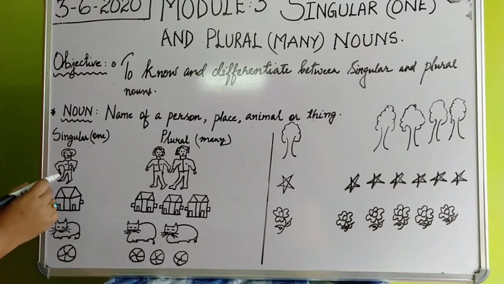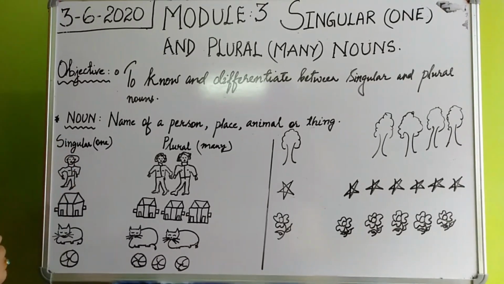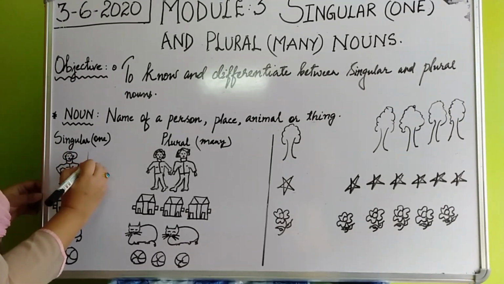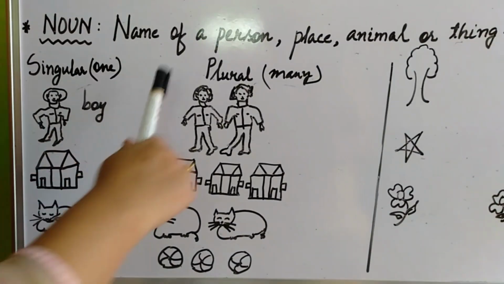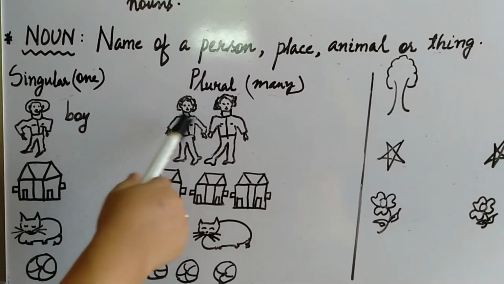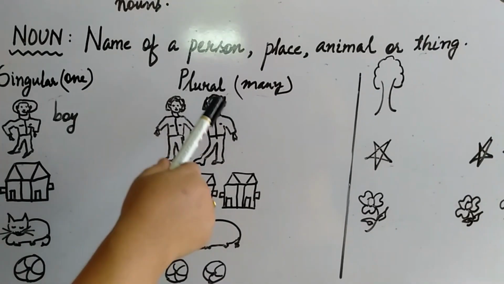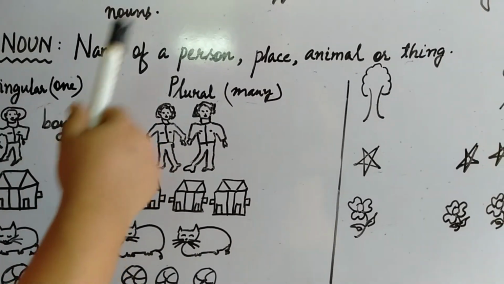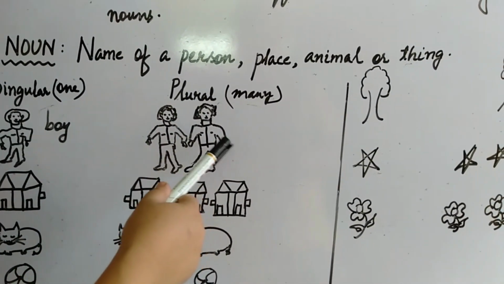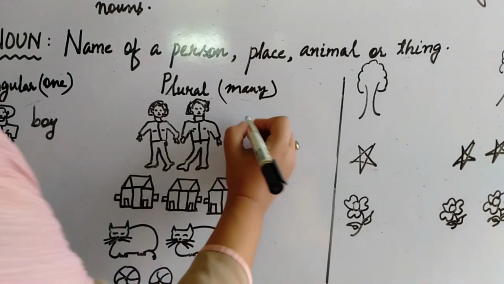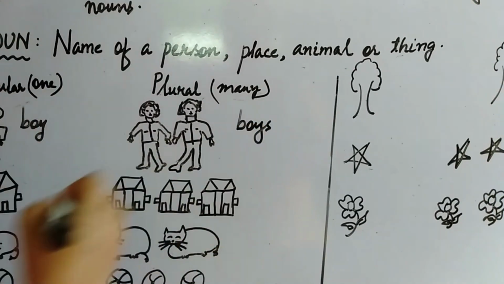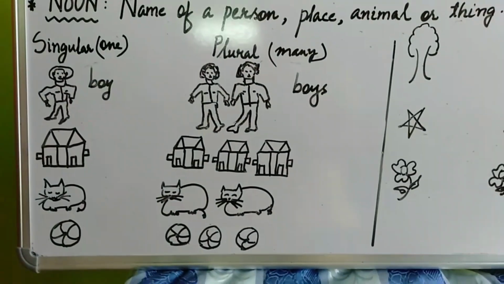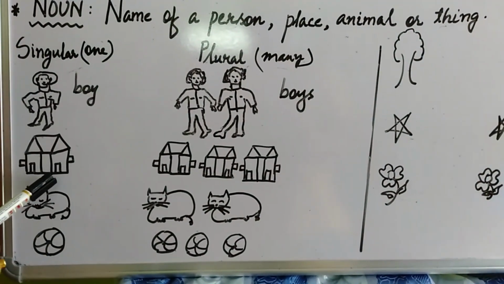It's only one over here. One means singular, so I call it boy, B-O-Y, boy. But on the other side, how many can you see? It's more than one. So is it singular or plural? It is plural. There are two, so we call it boys, B-O-Y-S, boys.